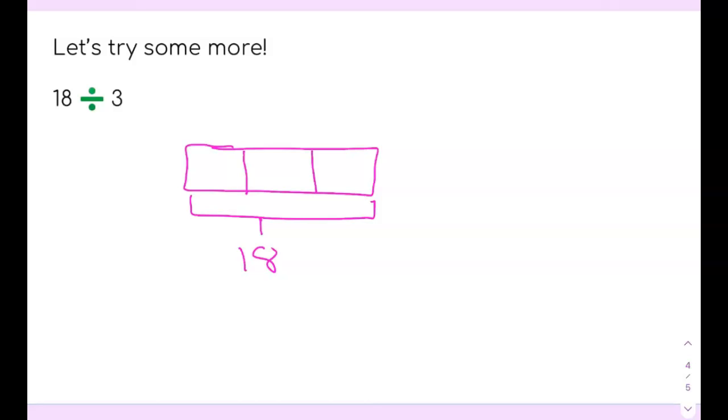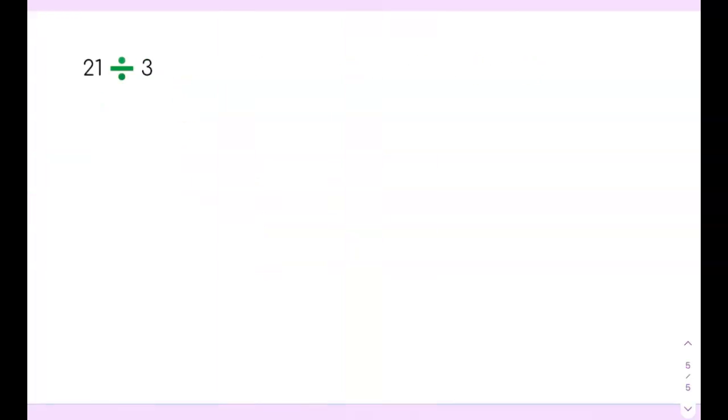And to find out how many are in each group, we're going to add our dots, 3, 4, 5, 6, 7, 8, 9, 10, 11, 12, 13, 14, 15, 16, 17, 18. So 18 divided by 3 groups is equal to 6 in each group. So this shows us how many in each group, the size of the group.